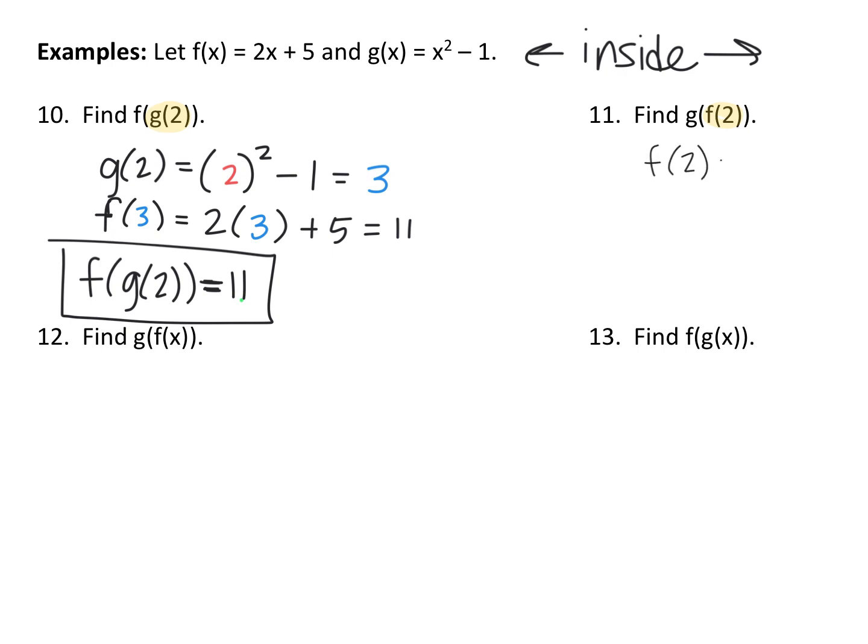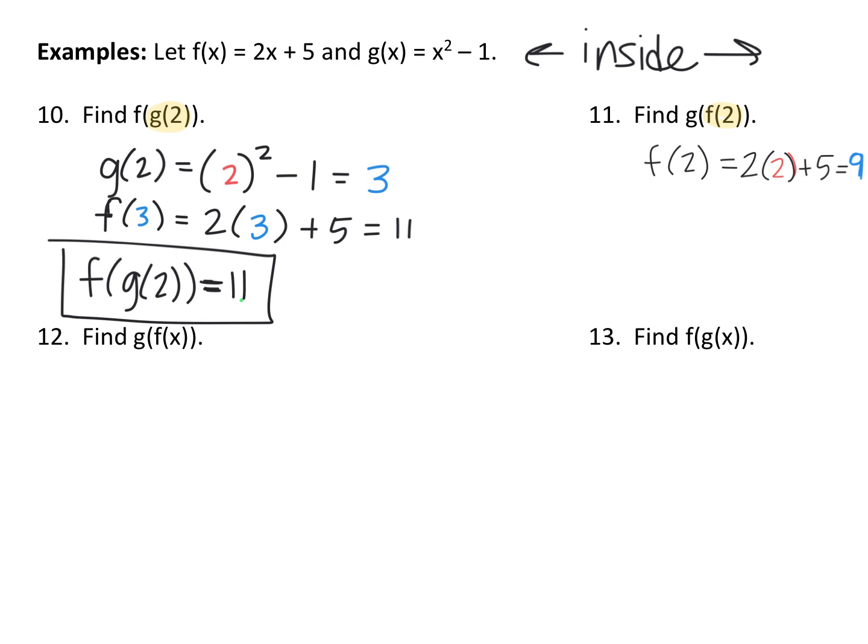So f of 2 is 2x plus 5. So 2 times 2 plus 5. What's that? 2 times 2, 4 plus 5, so 9. So it'll give us a blue 9.